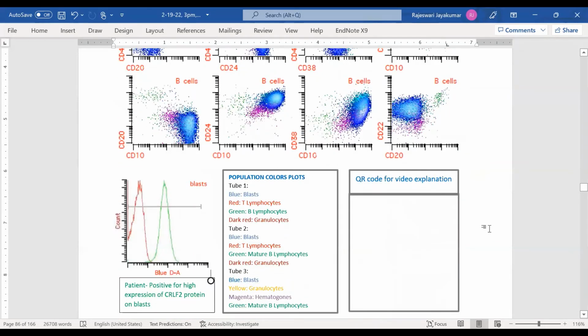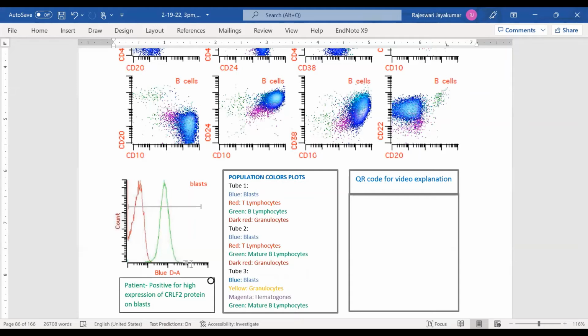The other thing interesting in this case is that we have the CRLF2 graph. In this graph, the red is the control population, and the green are the blasts, and the x-axis is the CRLF2 protein expression. We see a high CRLF2 expression by the blasts in this case. So what is CRLF2?